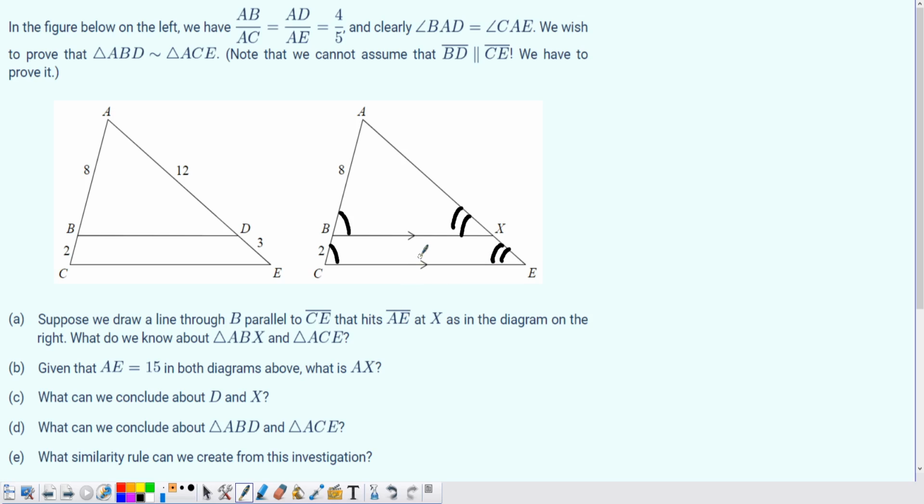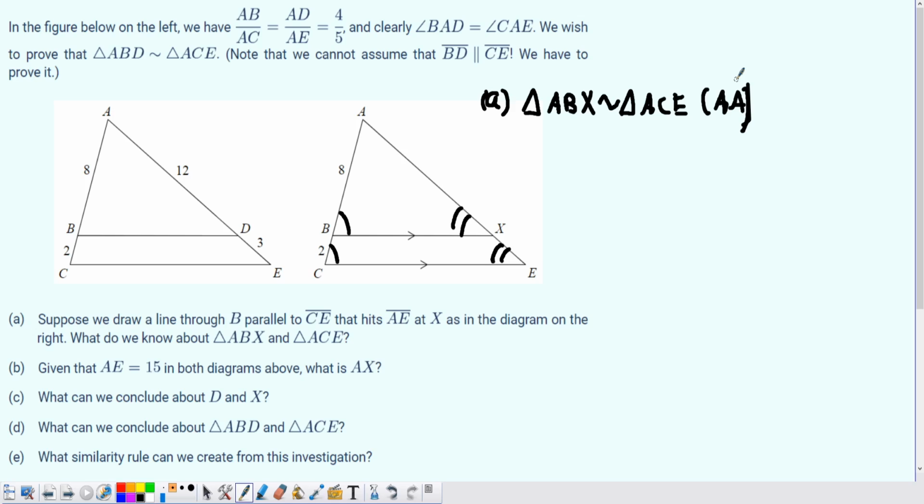They're the same. And because of that, for part A, we can definitely tell by angle-angle similarity that triangles ABX and ACE are similar due to AA, angle-angle similarity.